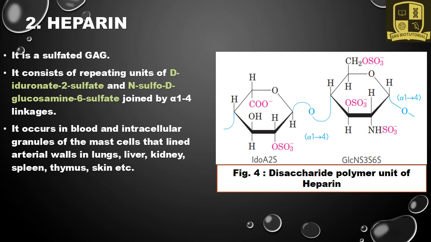It occurs in blood and intracellular granules of mast cells that line the arterial wall in lungs, liver, kidney, spleen, thymus and skin. This figure shows a disaccharide polymer unit of heparin.